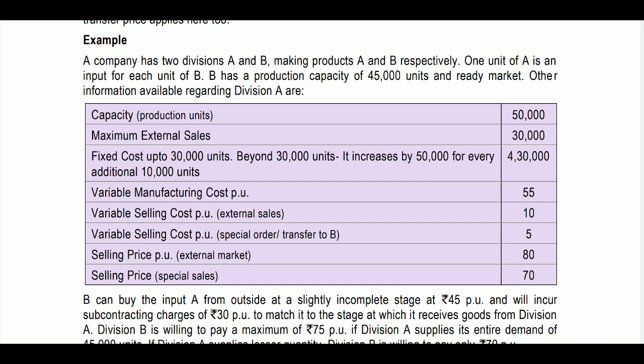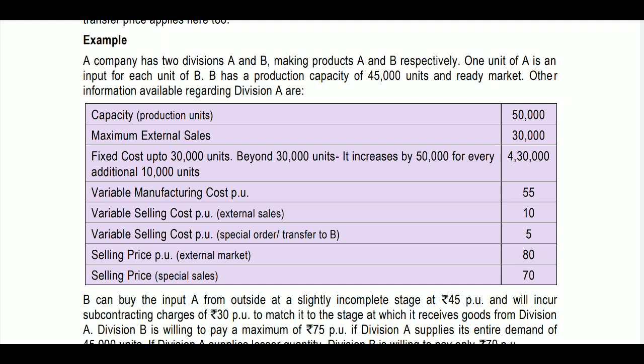Next, the variable manufacturing cost will be 55 rupees, and the variable selling cost will be 10 rupees. For external sales, up to 30,000 units will be taken at 10 rupees, and above that we cannot take the selling cost.